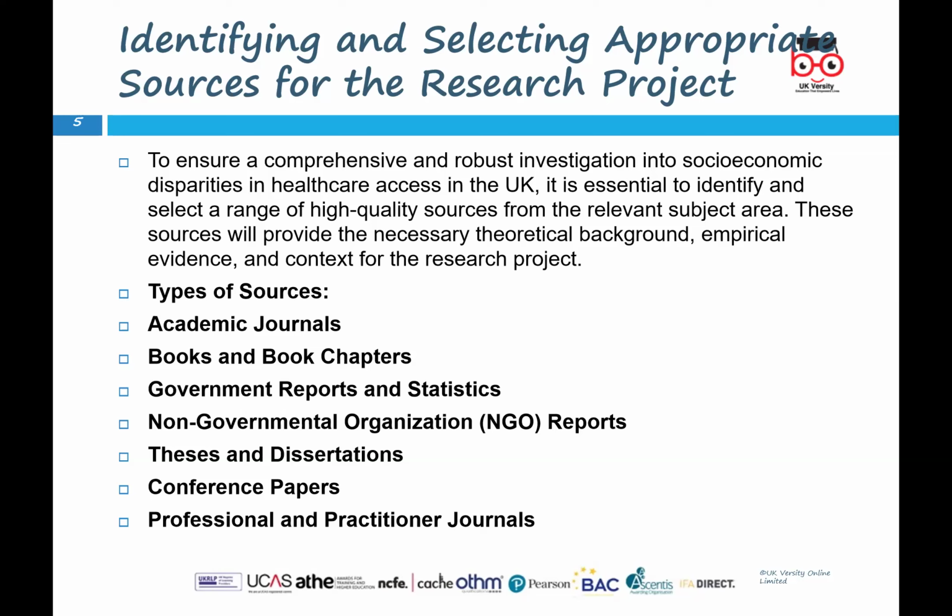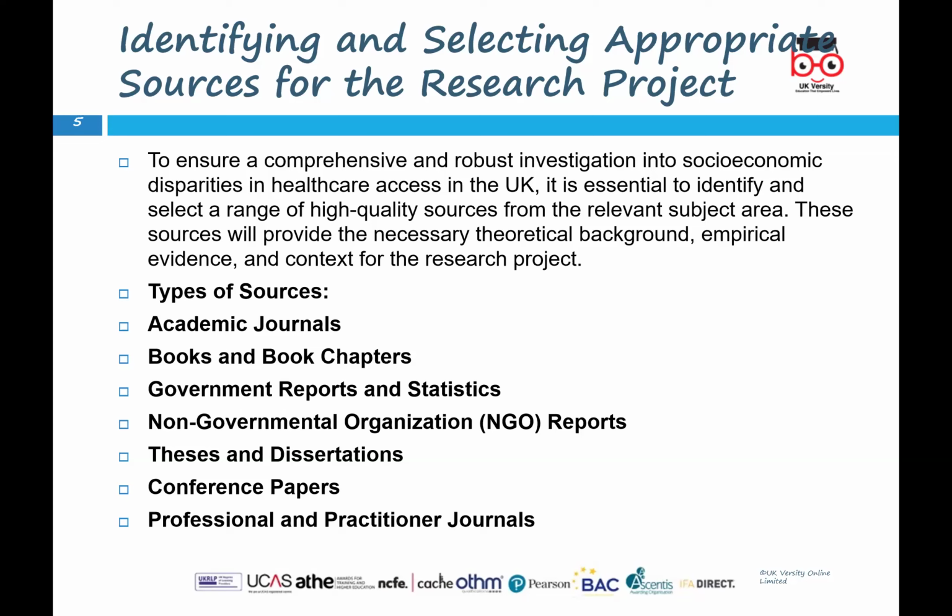the research project. So what are the types of sources that we use? The different academic journals that we use, online or offline. We can use hard copies also of books or book chapters. For instance, if you take a book from the library or some other resource, or you've purchased a book, or any book that we've sent you online, you can use those. You can use government reports and statistics.